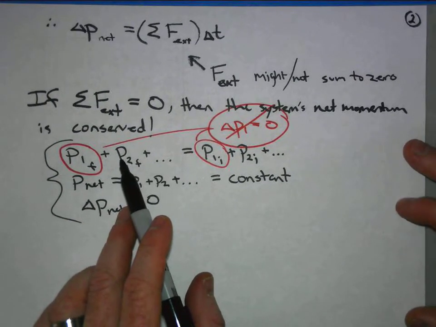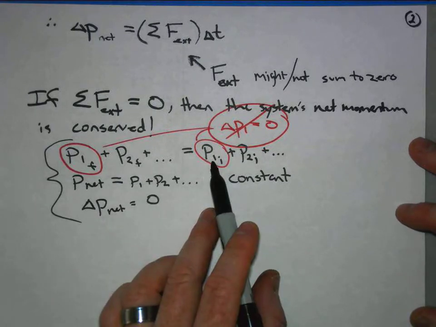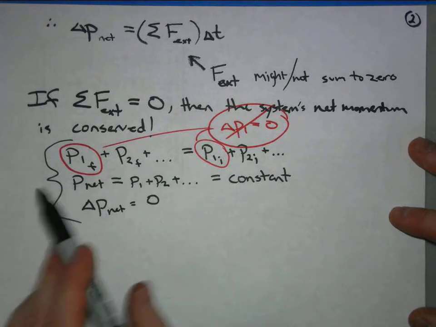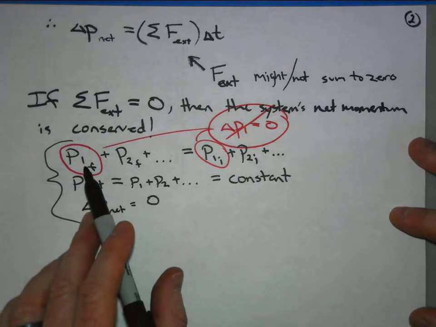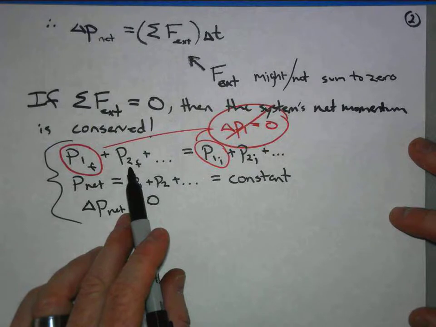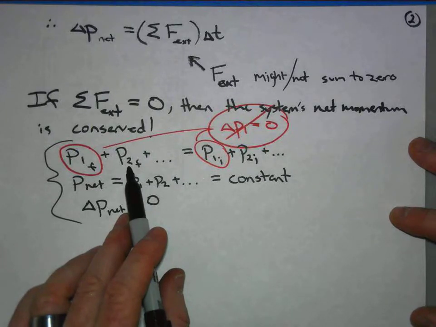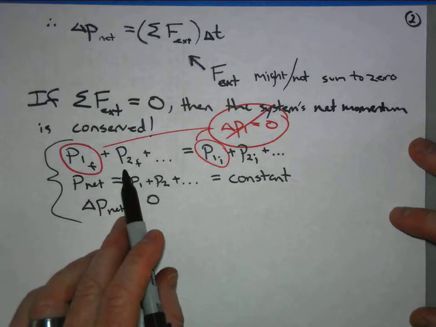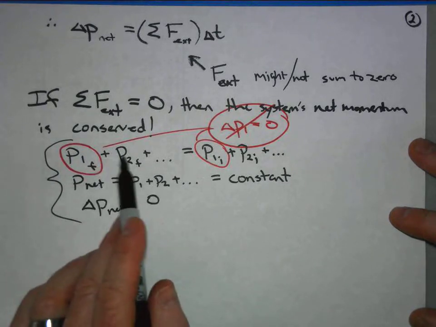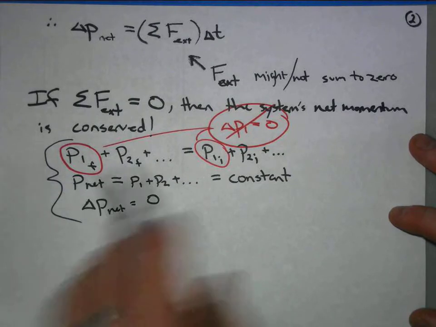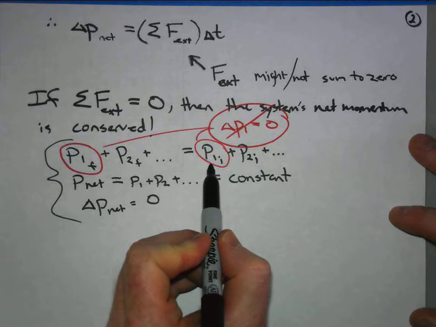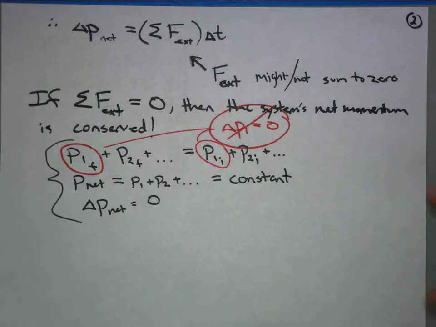It does not tell you how it must be distributed. So where object 1 may have had 10 to begin with, and object 2 had 2, object 1 might end up with 2, and object 2 might end up with 10. But it doesn't have to be an even swap. They might both end up with 6. Or one of them might end up with 0 and the other with all 12. This is not dictating at all what's happening to individual parts of our system. This is only dictating what's happening to the whole system itself. That's it.